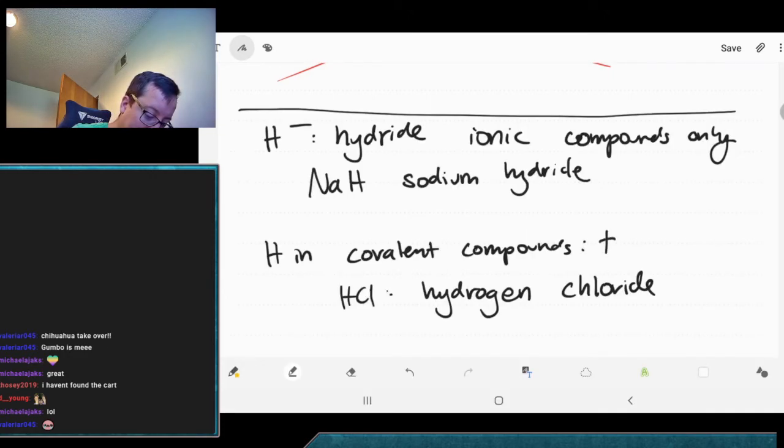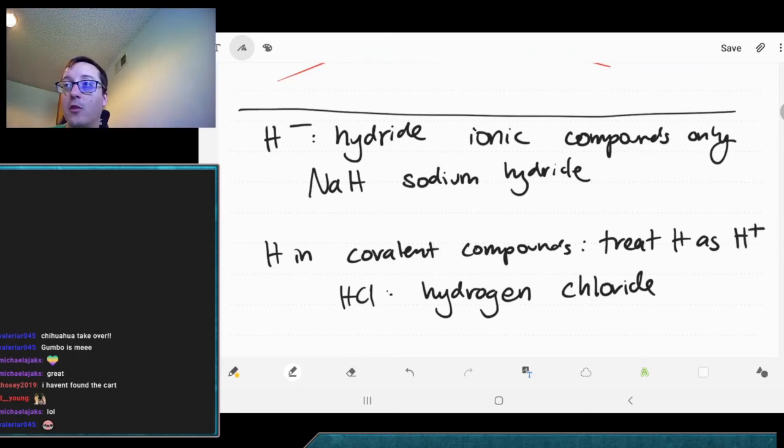We treat the H as H+. The reason for this we're not going to learn for a couple of chapters, but I'm telling you now. In covalent compounds, we are going to act as though it's H+. And so, we actually follow ionic rules for this.